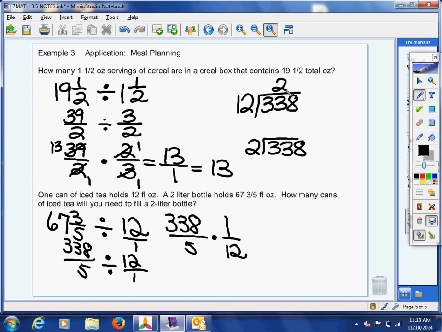12 into 338. Did I do some math wrong somewhere?